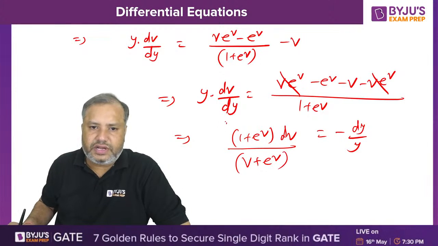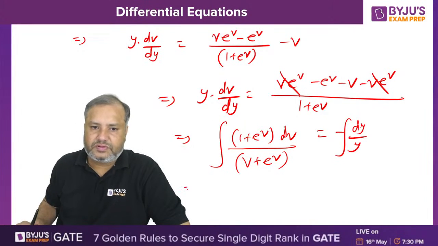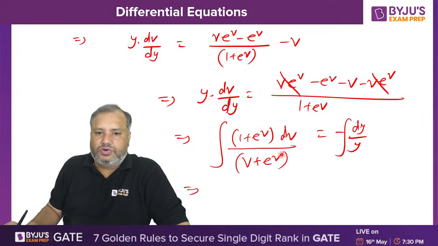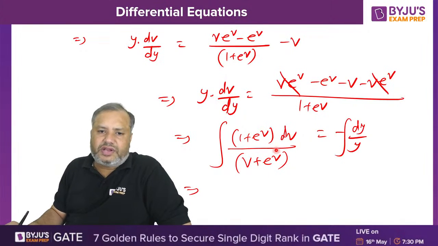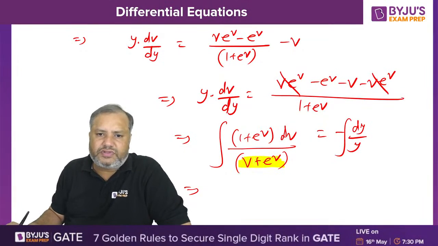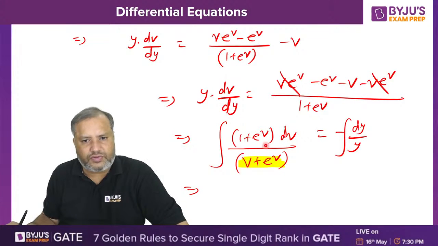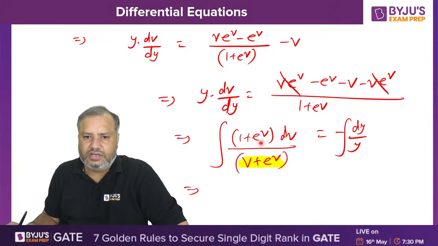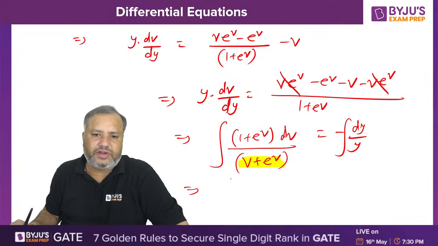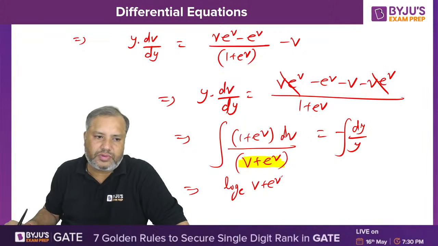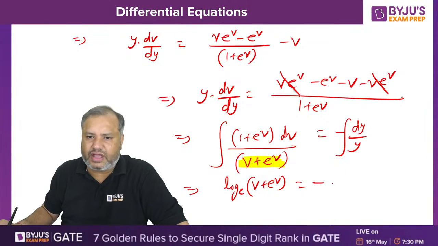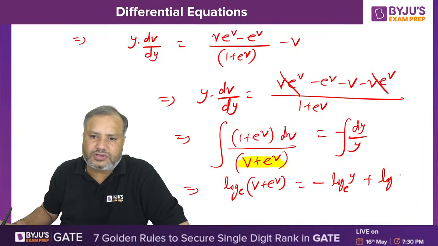Now integrate both sides. So we can say that derivative of denominator is available in numerator. What is the derivative of this denominator? Derivative of v is 1. Derivative of e raised to v is e raised to v. So 1 plus e raised to v dv is the differentiation of denominator. Answer will be log of denominator, minus integration of dy by y is log y, plus an appropriate constant, which will be log c.